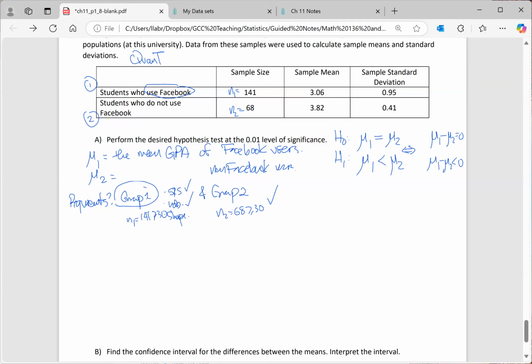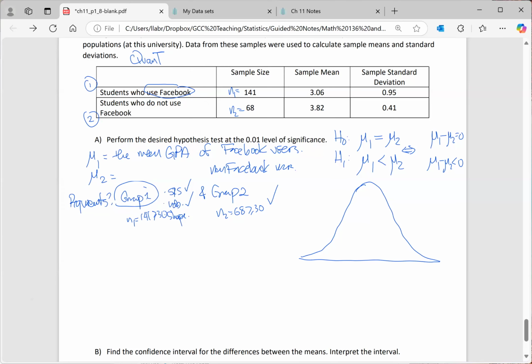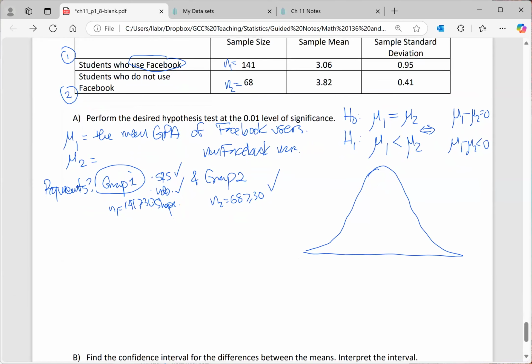All right, let's go ahead and sketch a t distribution. Now, this t distribution, I'm going to sketch with the degrees of freedom of the smaller of these. So the smaller of these is 68, so degrees of freedom is 67. And because I see a less than here, this will correspond to a left-tailed test.